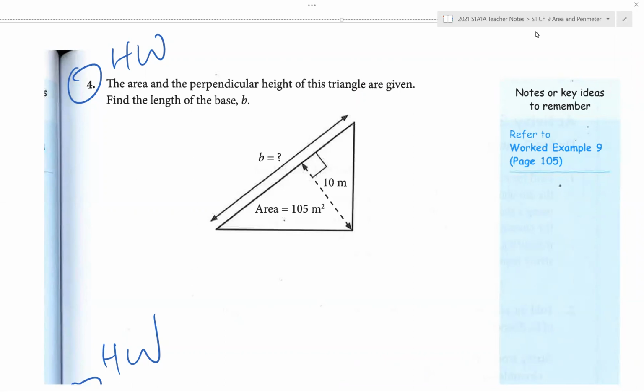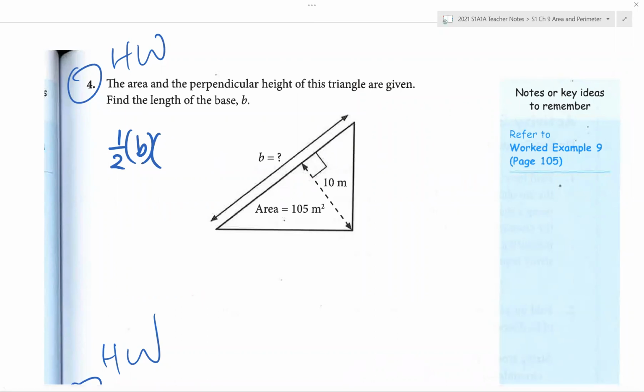Yes. What equals half times base times height? Okay, hang on first. Half times base. So you are saying B times H. Okay, what is the value of H over here?